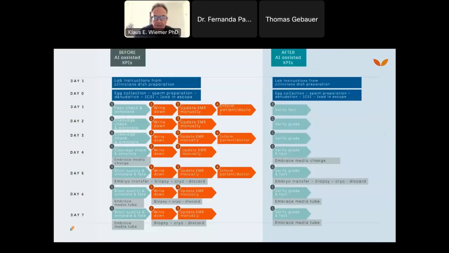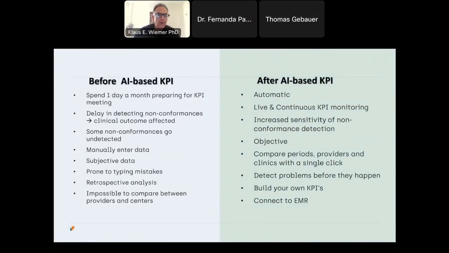So in other words, instead of having to write all of this information down from day 1 to day 7, all of the information is collected directly, and in real time you're able to look at all of this data. Before AI, we used to spend a day inputting all of this information, and we wanted to see how it impacted.